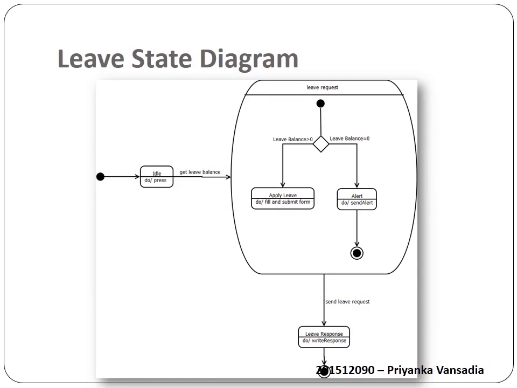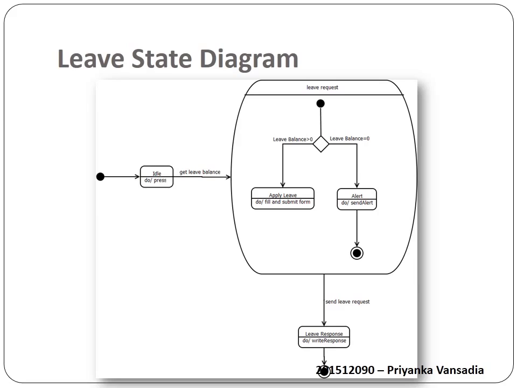This is the state diagram for leave. First of all, the system is in the idle state. Whenever a student or TA presses the apply button, the system will enter the leave request state. The leave request state has 2 substates. If the student or TA has sufficient leave balance, then the system will enter the apply leave state.